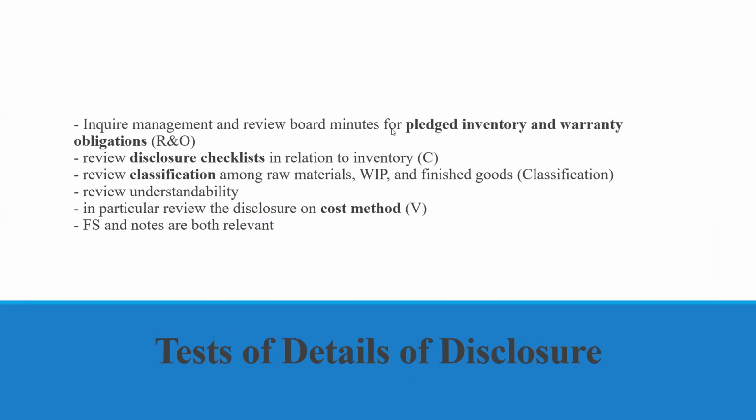For example, you need to disclose pledged inventory and warranty obligations, which is about rights and obligations, but also further links to hidden information for the existence assertion, right? And also the costing methods, for example, lower of cost or net realizable value, and how they conduct the complex inventory stock take, etc. All of those are also closely relevant to the valuation assertions.